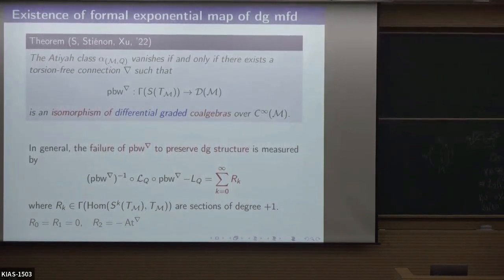So L_Q of X1 to Xn is the sum over i of X1, with Xi omitted, to Xn. Maybe I should use this straight L, that's the notation I use. This is the Lie derivative on the left-hand side.